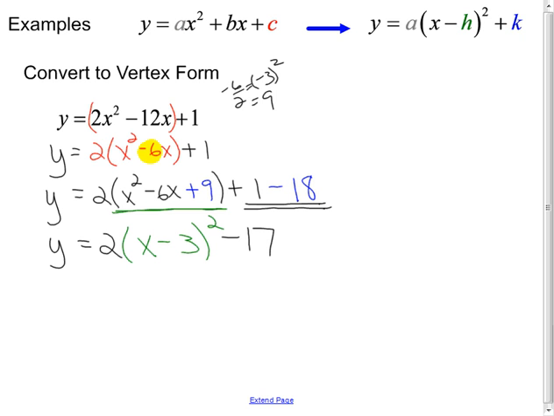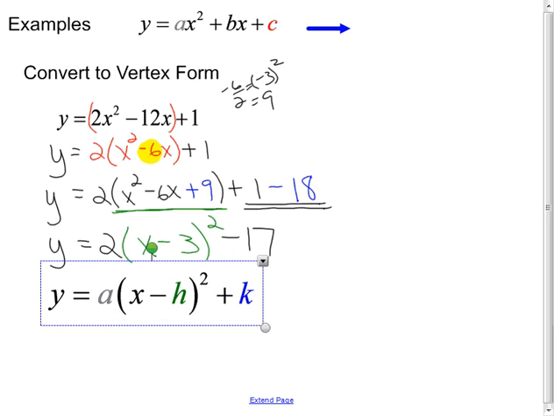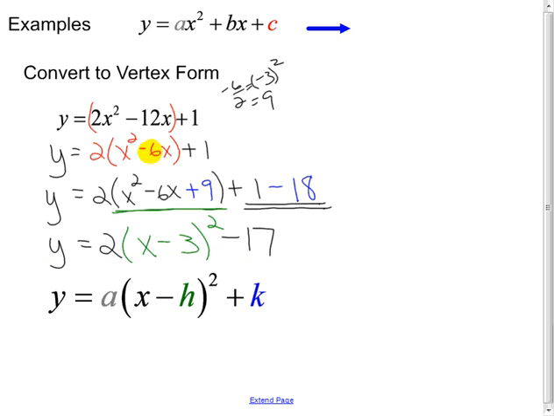Now, if you notice, this is now of the form y equals a times quantity x minus h squared plus k. So I've converted the form from general to vertex.